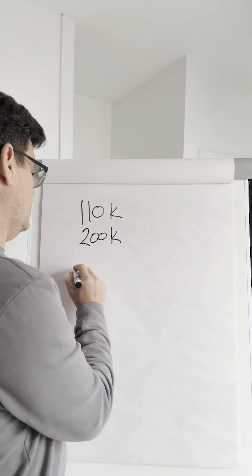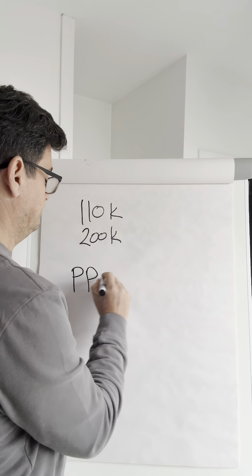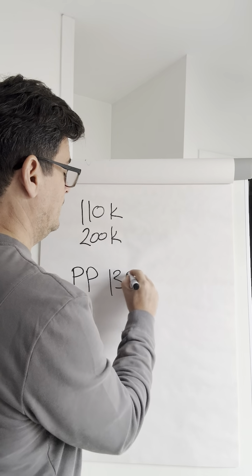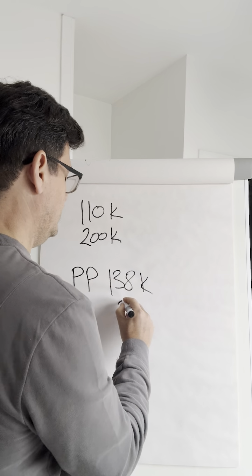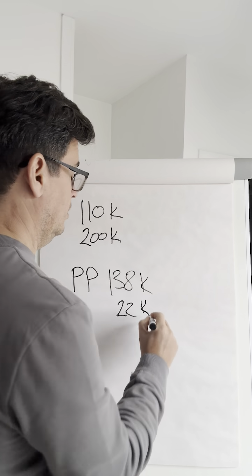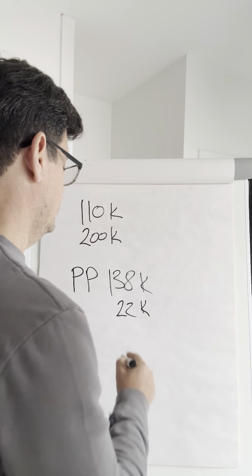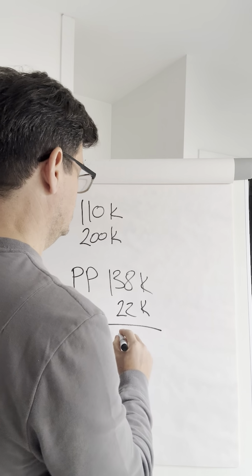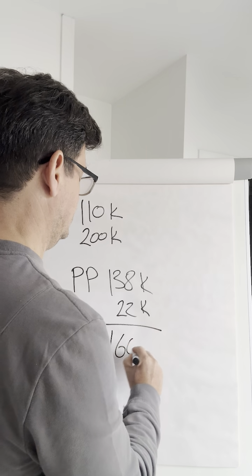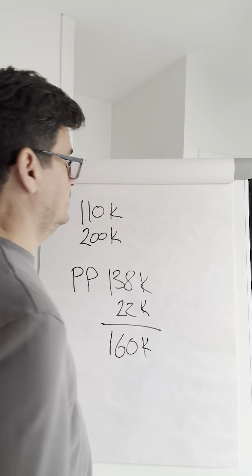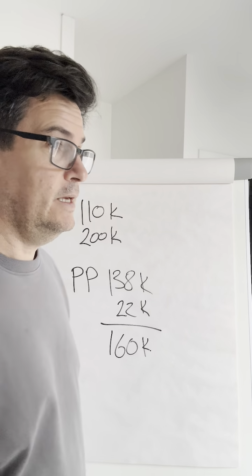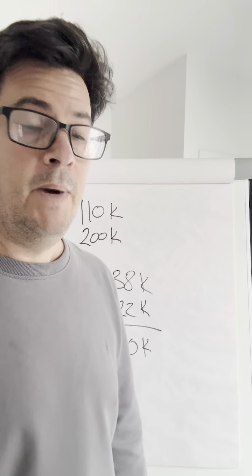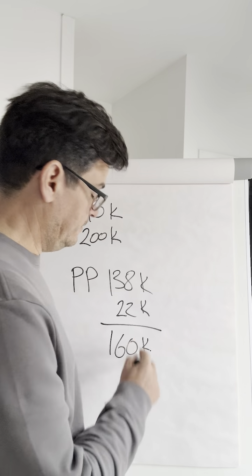So 138K was the purchase price, plus about 22K of refurbs and fees. Total exactly how I wanted it to be, 160K. I had a 20% markup here, so I was happy with that result.